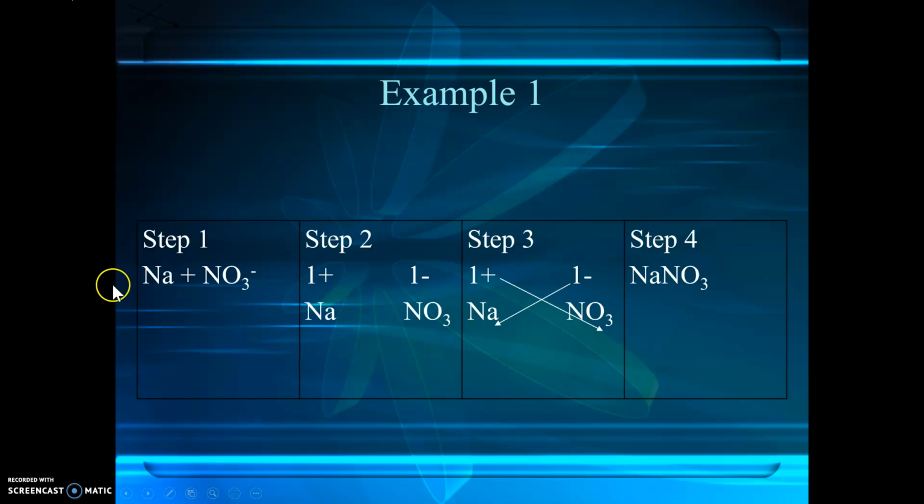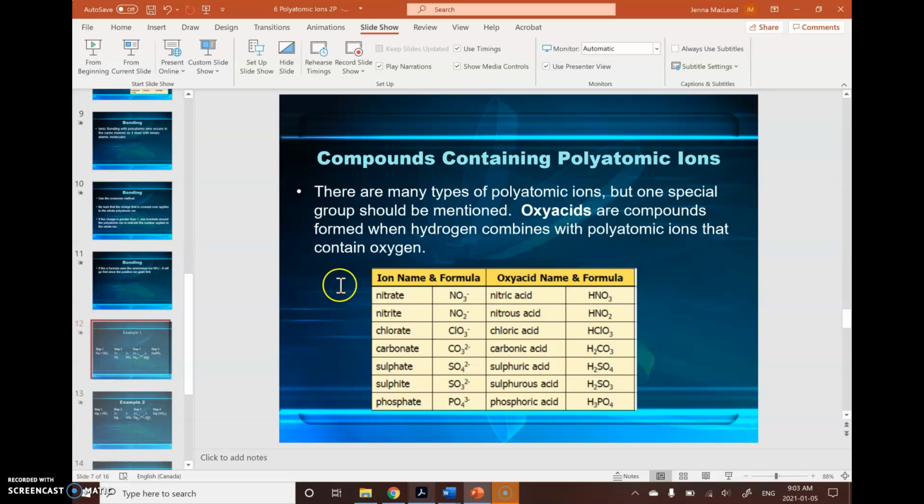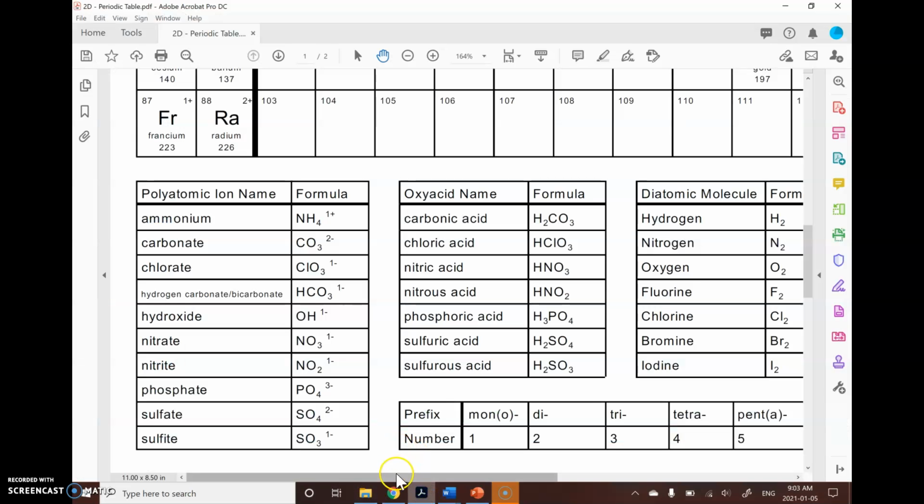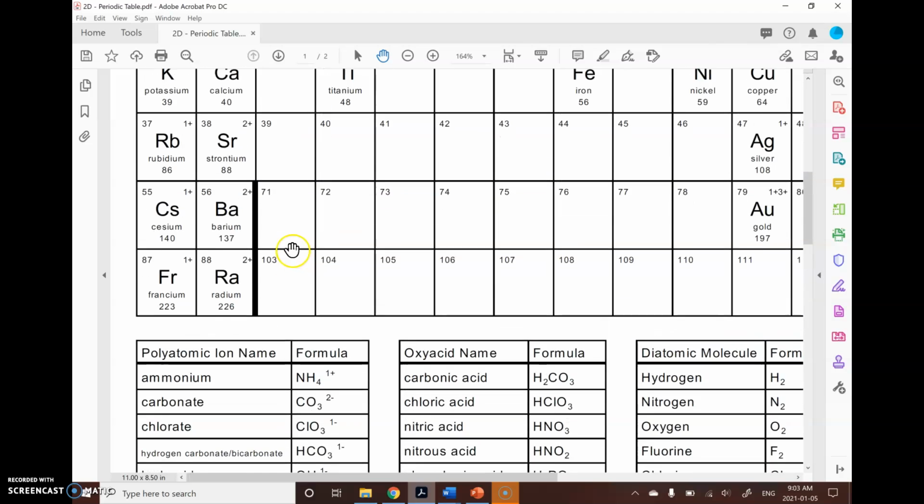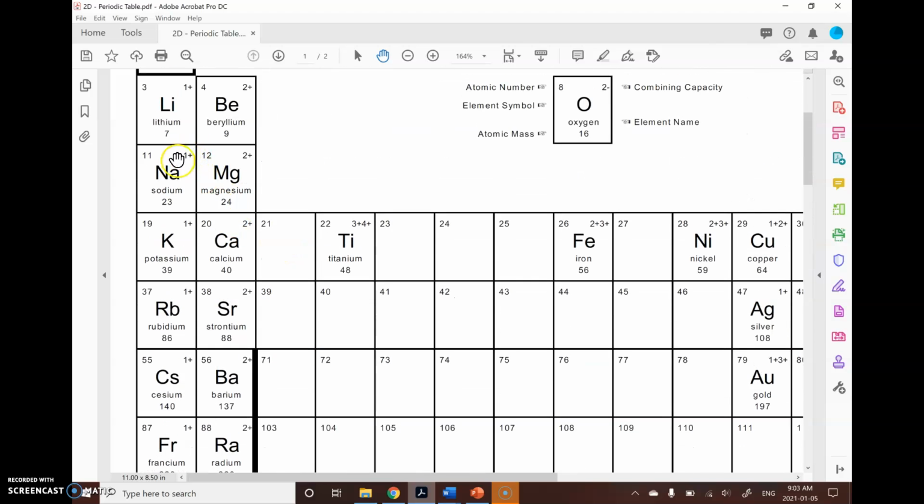All right, so here's my example. We have Na, sodium, and then we have NO3, and its overall charge is -1. We put our charges over top of our element symbol, so Na is 1+, and we can see that by looking at our periodic table. If we look at Na in the top right corner, it gives us the charge.